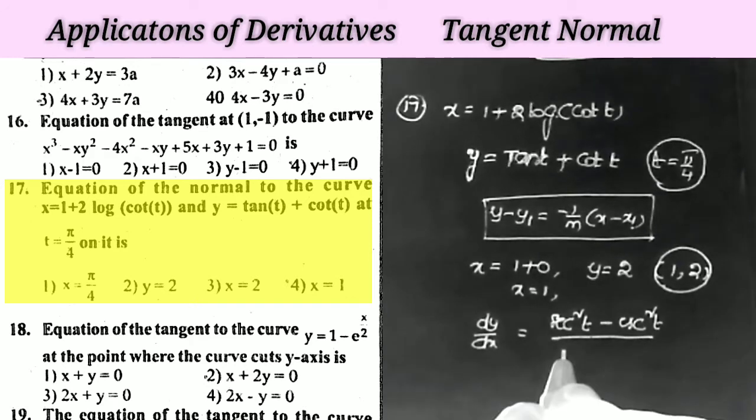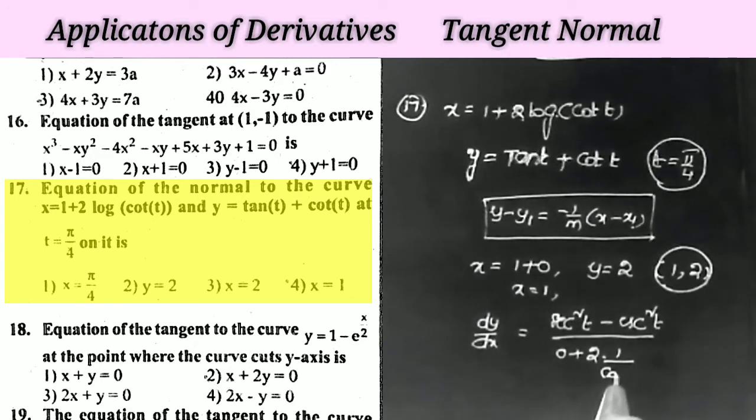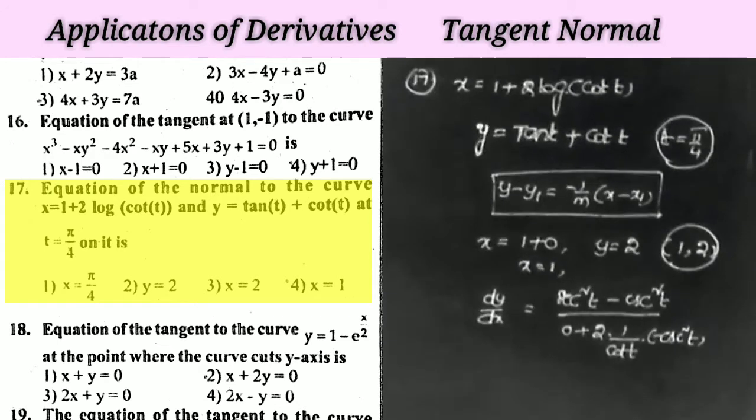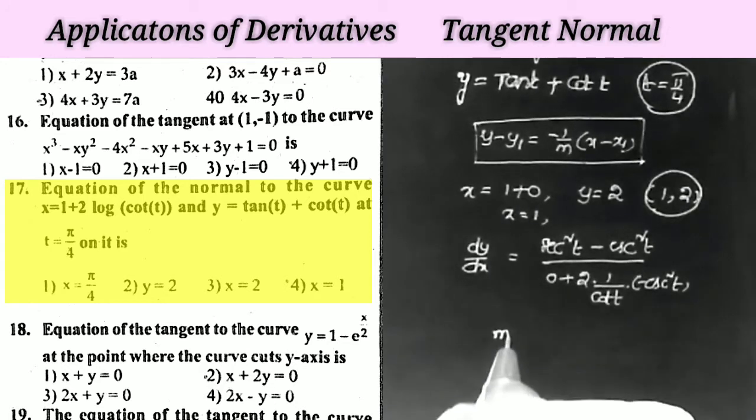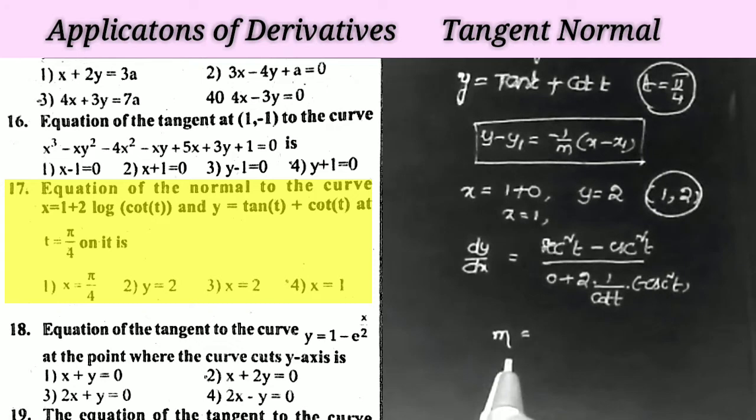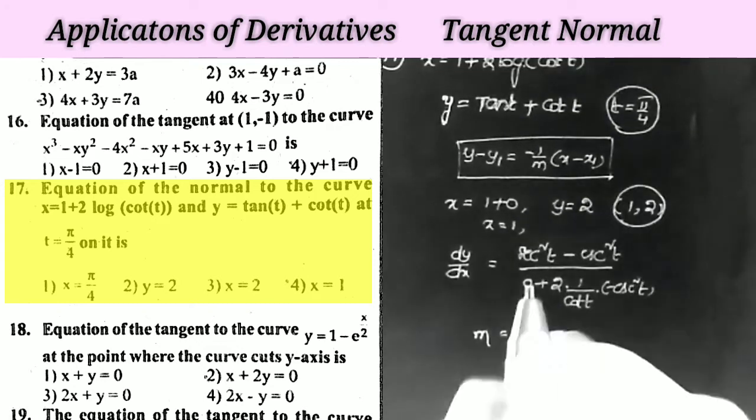For dx by dt, 1 derivative is 0, plus 2 into log x derivative, which is 1 by x, that is 1 by cot t, again cot t derivative is minus cosecant square t. So this is the derivative value. Now we want the derivative at t is equal to pi by 4. Therefore, the slope of the tangent m is equal to secant square pi by 4, root 2.